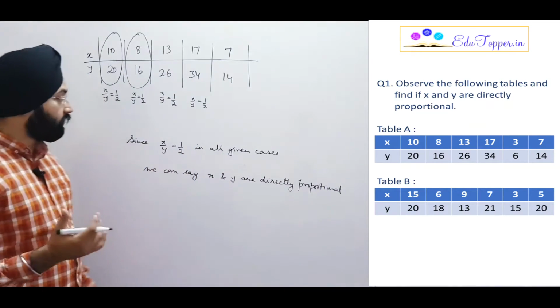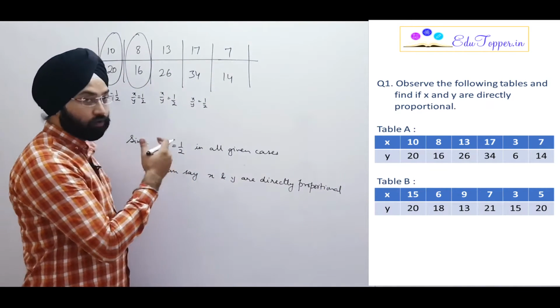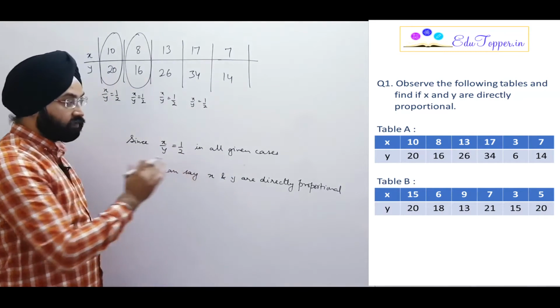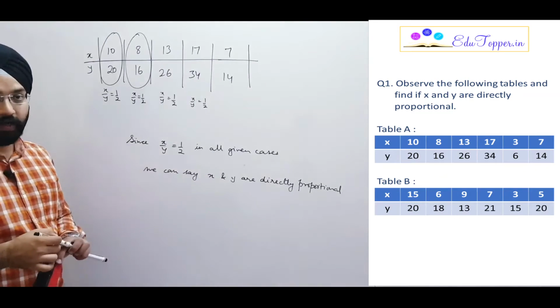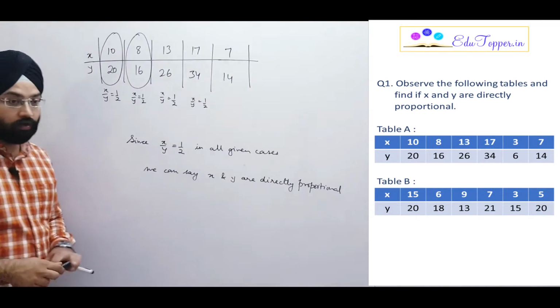Or you can write, since x by y is constant, the numbers x and y are directly proportional. Alright? I hope this is clear. Now, moving further.